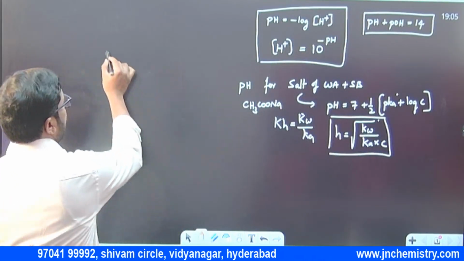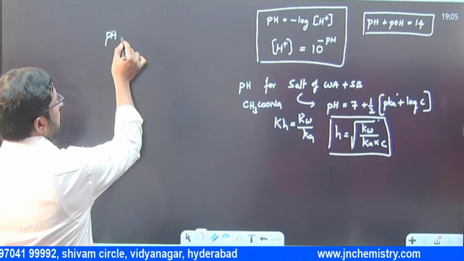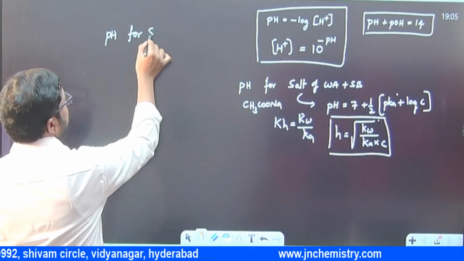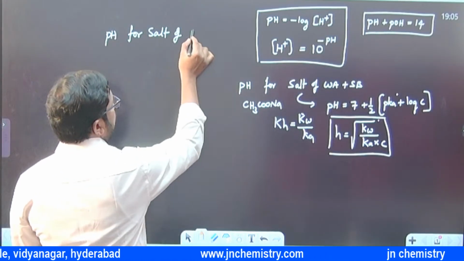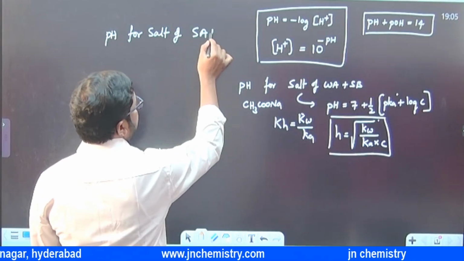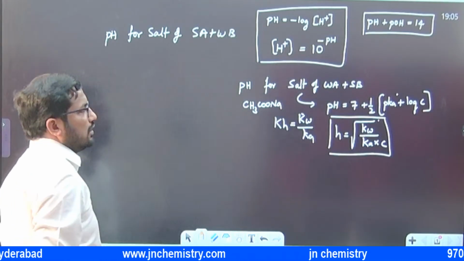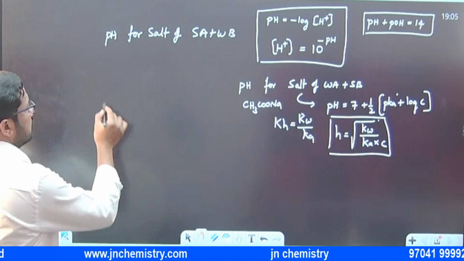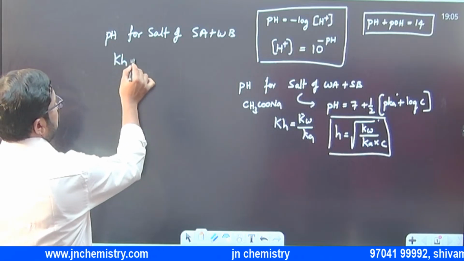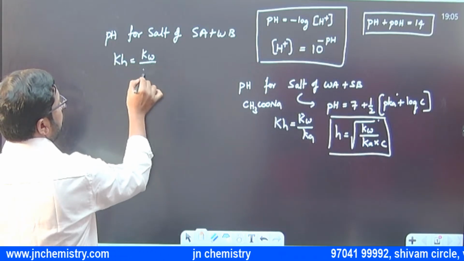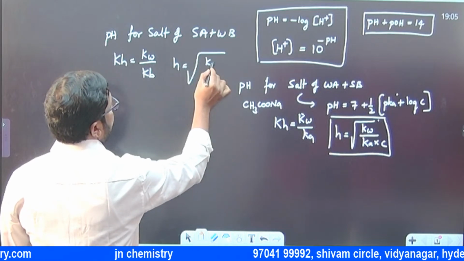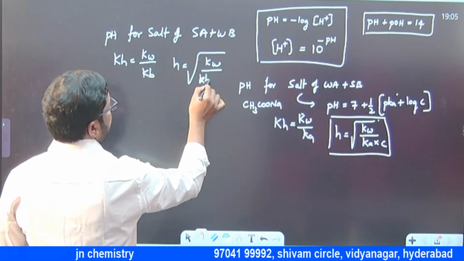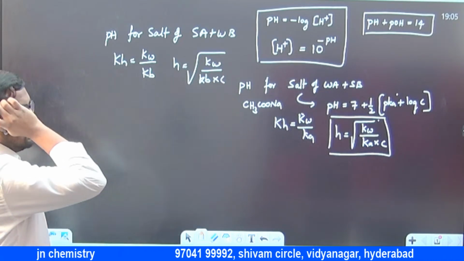So pH for salt of strong acid plus weak base. So Kh is equal to Kw by Kb. h is equal to under root Kw by Kb into C. Right?